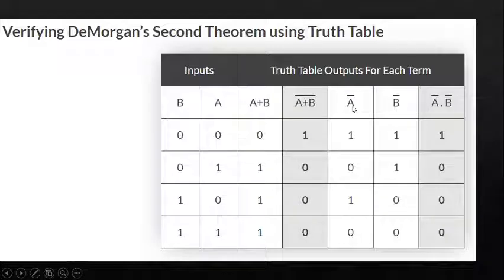So we negate our inputs A and B, which will have, for A, 0 as the input, so it will be 1, and for B bar, the complement of 0 is also 1. So 1 times 1 is 1, and the rest is 0. So here it is proven that A plus B, whole bar, is equal to A bar times B bar.